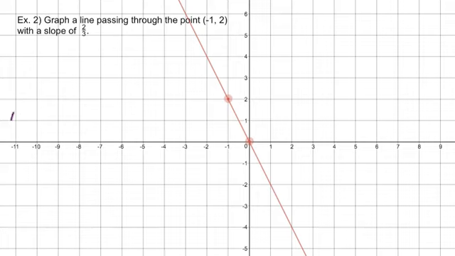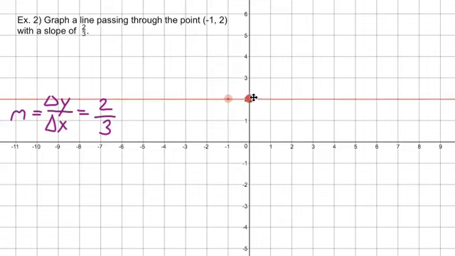Slope, which we represent with m, is equal to the change in y over the change in x. So from one point to another, the slope tells us how much each of those coordinates is going to change. So in our case, that slope is 2/3.